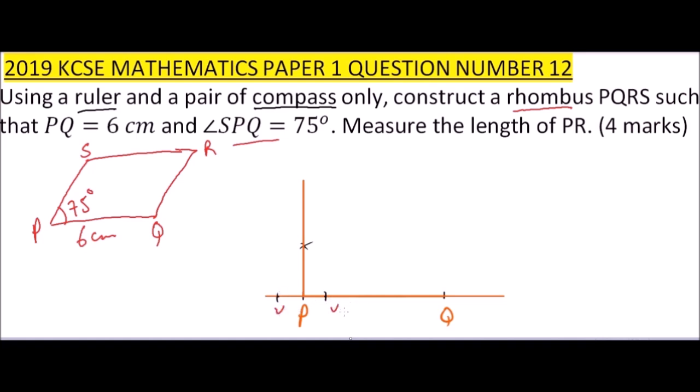Then I have joined the 2 points to come up with the angle of 90. The reason I'm doing that is so when I construct an angle of 60, I'll be left with 30 degrees. Then I'll bisect the angle of 30 degrees to achieve angle 75. So that's why I'm going through that process.